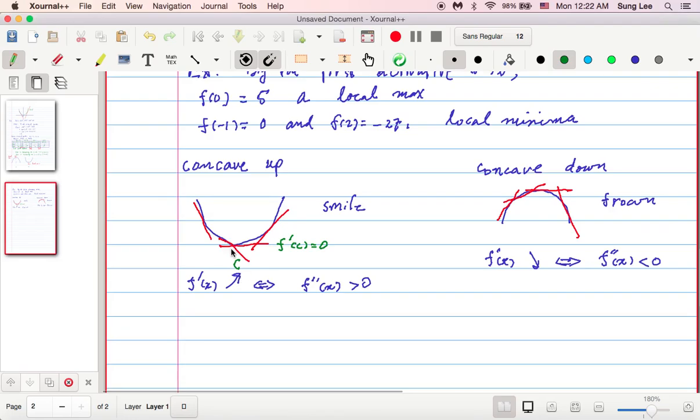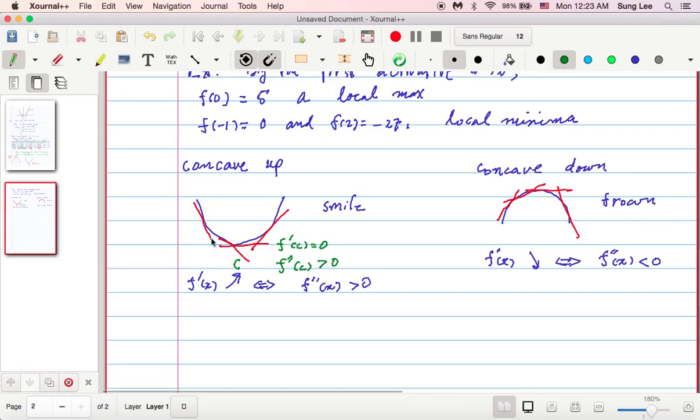So f double prime of c is positive. That's why we also need that additional condition, that f double prime is continuous near c. So locally around c, f double prime is positive.